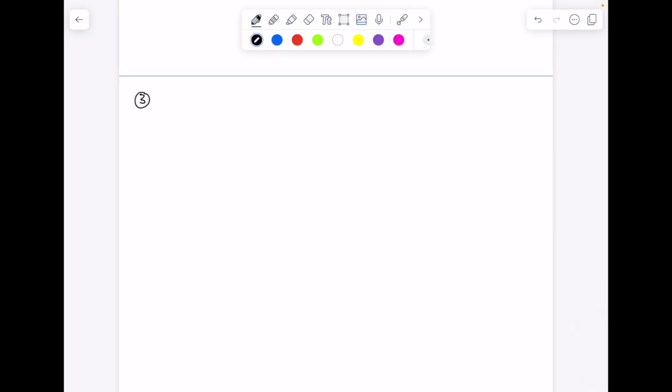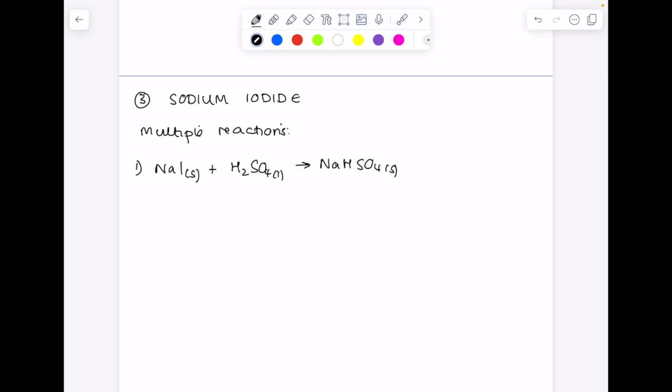Now we're considering the iodide halide ion in the form of sodium iodide. Well, we have multiple reactions taking place here. So that sulfur hasn't changed oxidation state. There's no redox reaction in this first reaction.